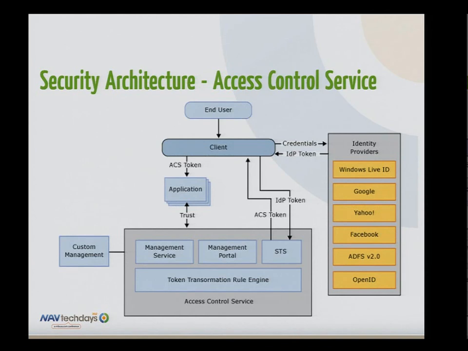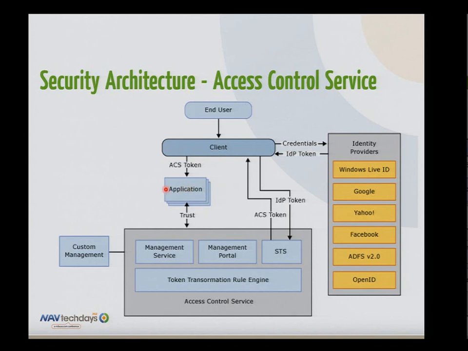This is Access Control Service, and you can see what happens when a user tries to log in. Basically, we have this maybe Susan character. She's using a client, and she wants to log in to NAV.